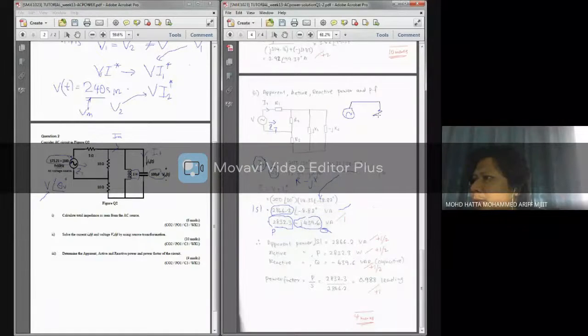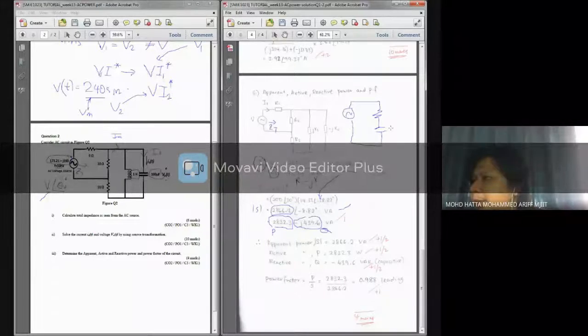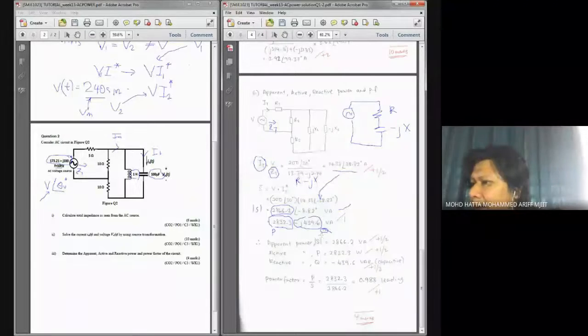I have a total resistance and I have a capacitor, because based on the Z total, I have some real value minus jX. So R minus jX means that we have a circuit like this, and we have R over here. That's why I have a negative value of my reactive power.